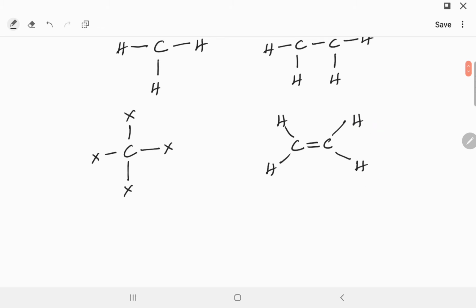So when drawing expanded structures, always remember to draw all 4 bonds around carbon, and each of those 4 bonds has to have something attached, most probably another carbon or a hydrogen.